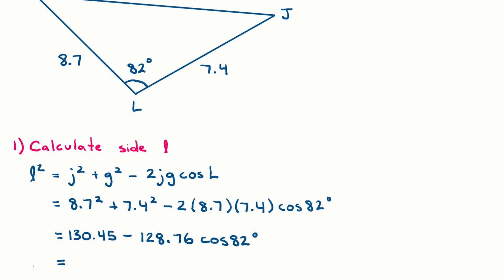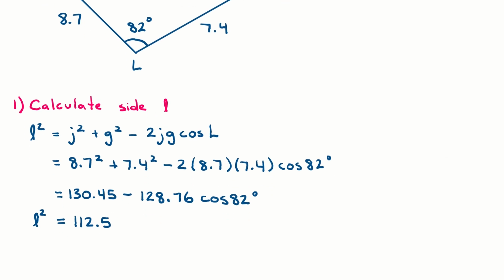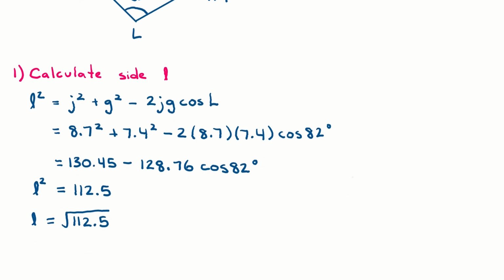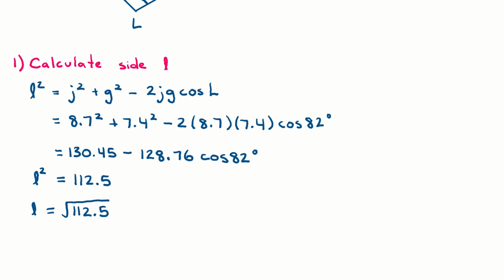When we subtract this, we get 130.45 minus 128.76 cos of 82, which gives us that L squared is equal to 112.5. But remember, that is L squared. In order to calculate L, we have to take the square root of that. And that gives you that L is equal to 10.6.